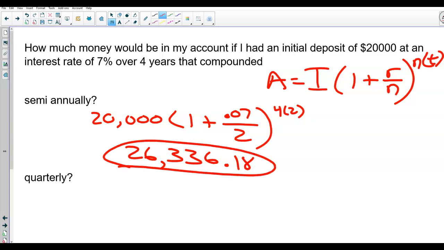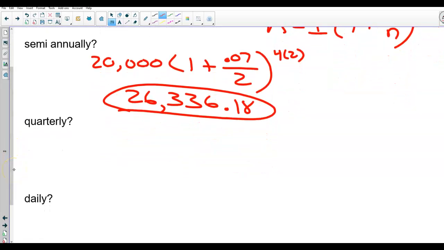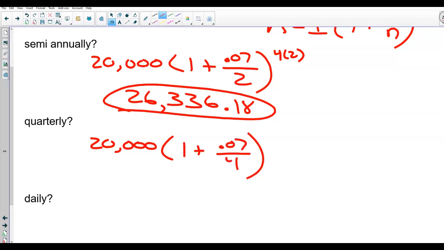Now, the more often you compound, the bigger your answer should be. So when I do quarterly, I should get a slightly bigger answer. 20,000 times 1 plus 0.07, we're now dividing by 4, but it's 4 times 4. So we're going to do 0.07 divided by 4.